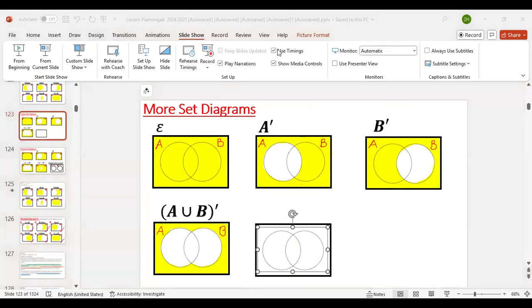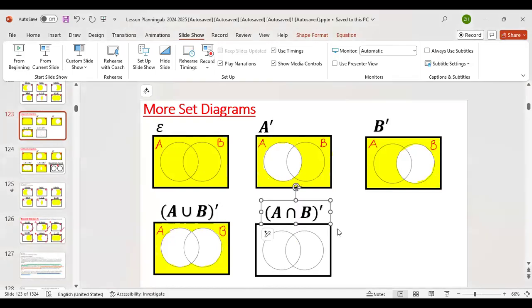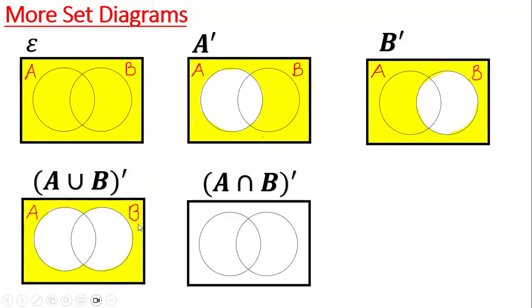Intersection. The intersection, very good. So we're going to find the intersection of A and B, complement, okay? A intersect B, complement.